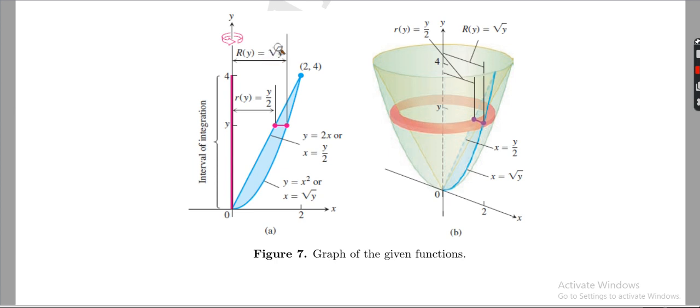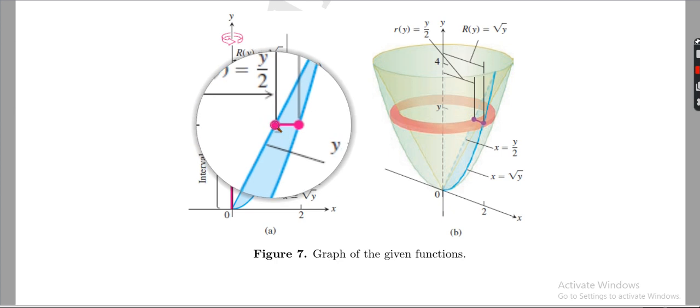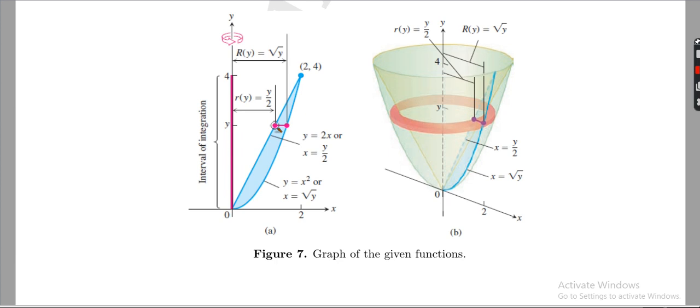So your R of y is square root of y minus 0, or simply square root of y. And the inner radius is from the left boundary, or the left curve ng region, and that is the line y over 2 hanggang dito sa axis of revolution, and that is x equals 0. So your inner radius is equal to y over 2 minus 0, or simply y over 2.